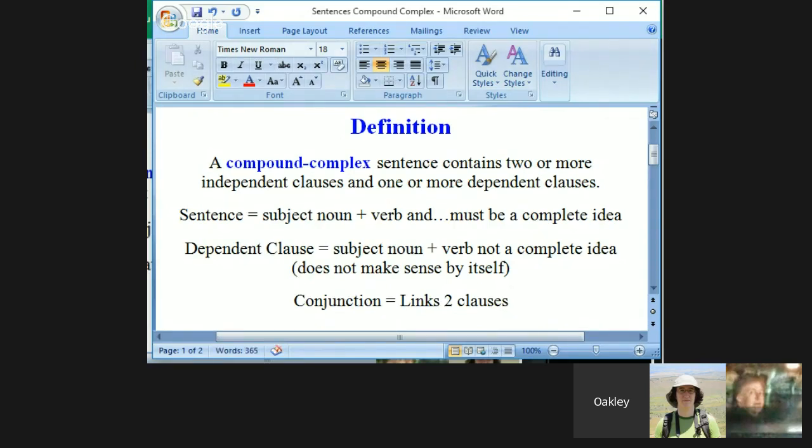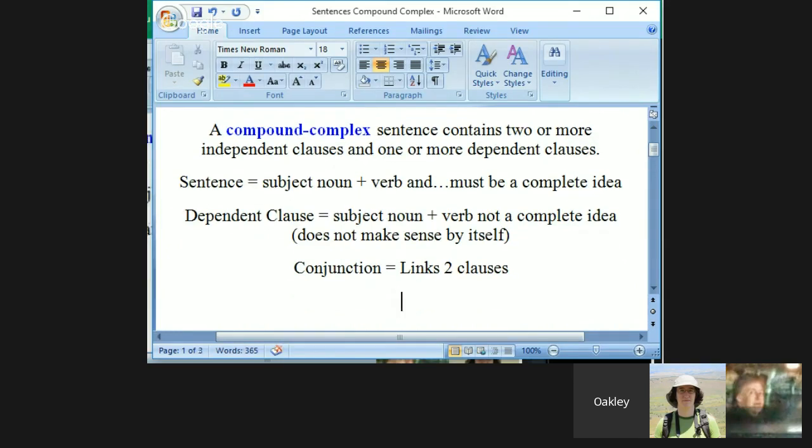There is a connecting conjunction, or connective, whatever. A connective conjunction, which we actually use to tie together two independent clauses or two simple sentences. We use a connective conjunction.